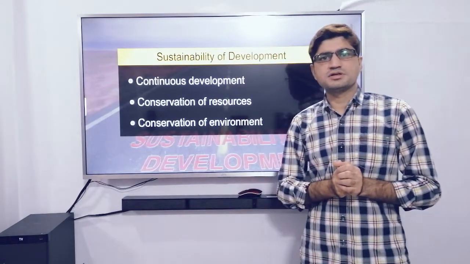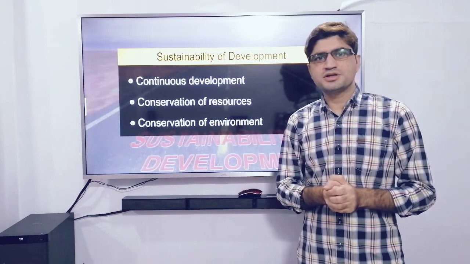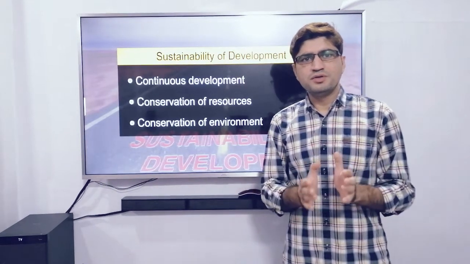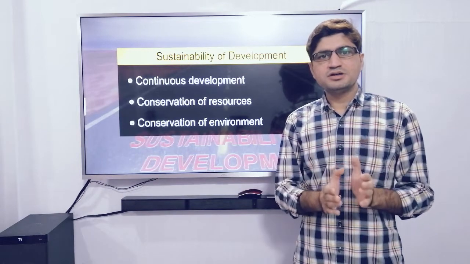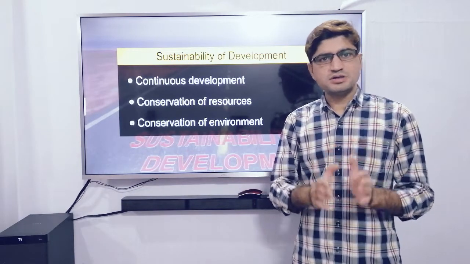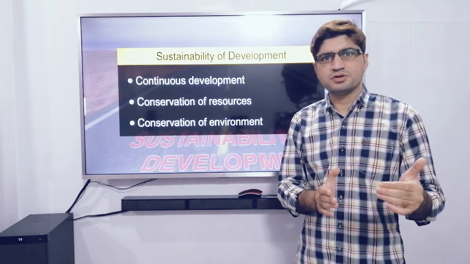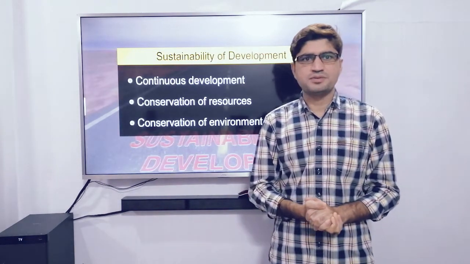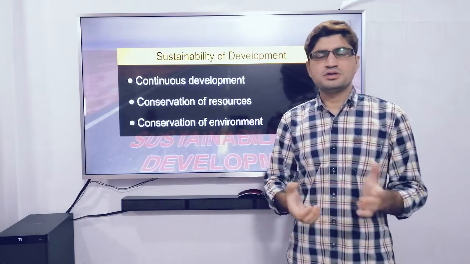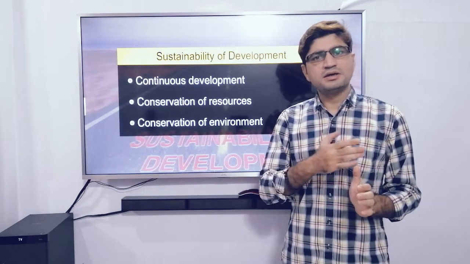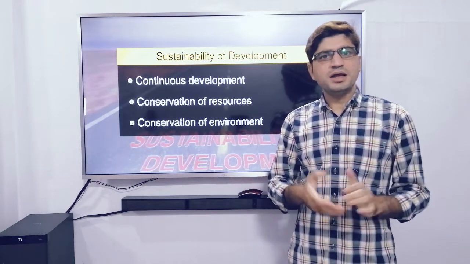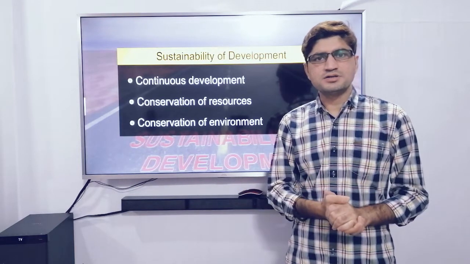Conservation of resources. Resources are of two types, as we have seen: renewable and non-renewable. We have to use renewable resources respectfully, such as groundwater. And non-renewable resources we cannot reproduce, because they basically take millions of years, like crude oil, coal, and many types of minerals.